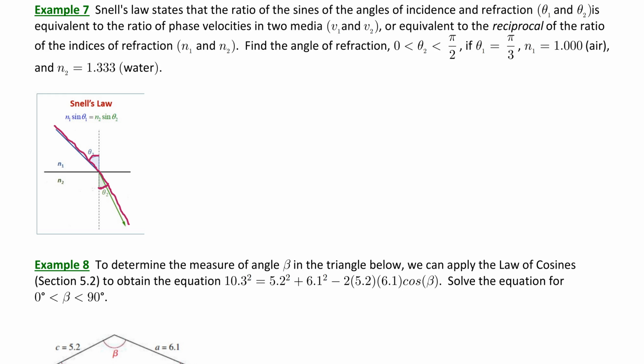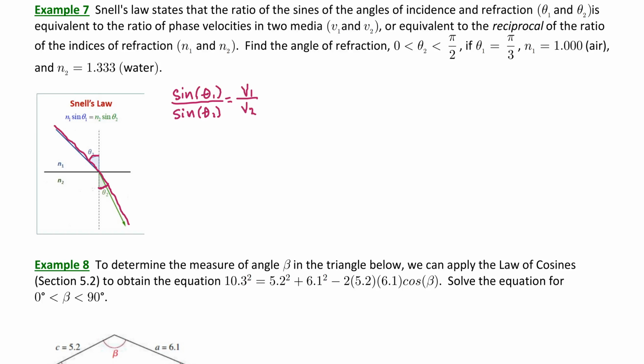So one way to express Snell's law is to say that sine of the angle of incidence, theta 1, divided by sine of the angle of refraction, theta 2, is equal to the ratio of the phase velocities. We call those v1 and v2. So this is one expression of Snell's law.